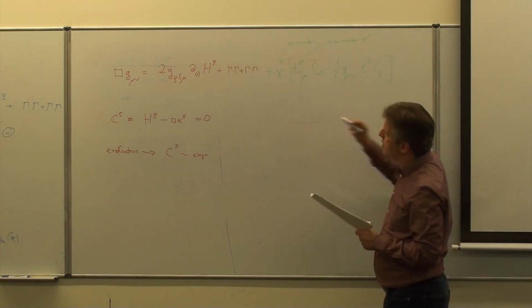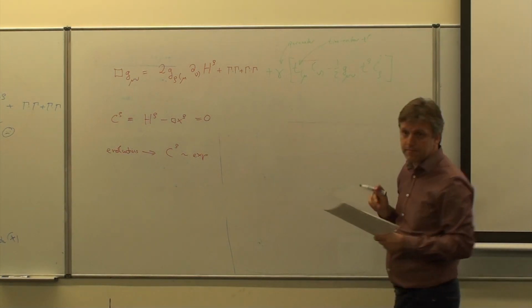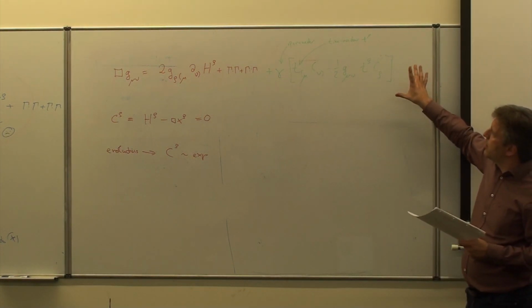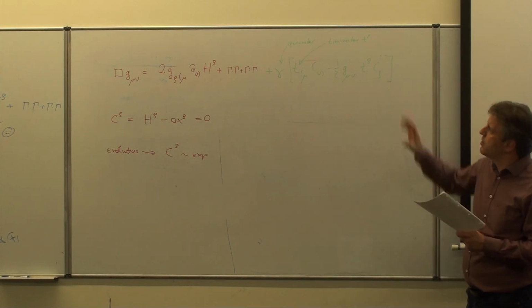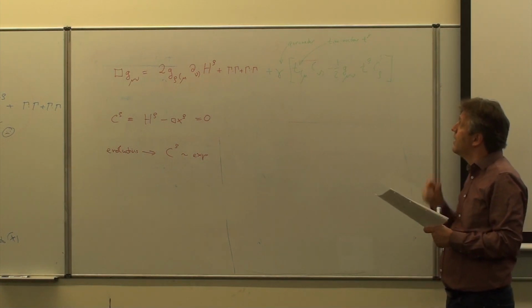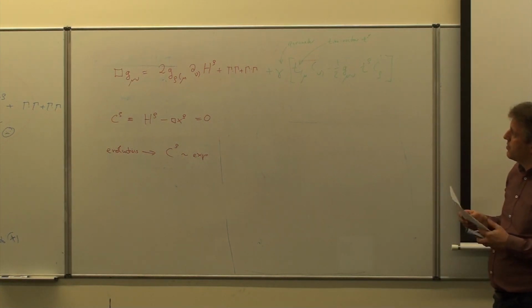And C are the constraints. For generalized harmonic, this particular term was first derived and suggested by Gundlach. And it has the following properties.